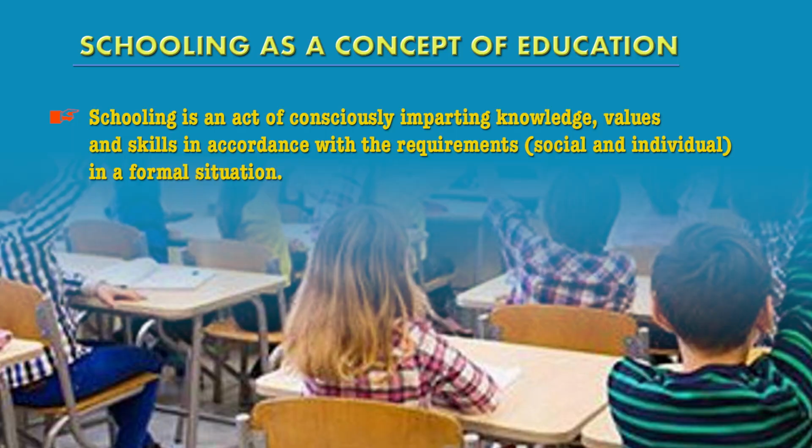So again, the concept of schooling also talks about the social aim of education and at the same time the individual aim of education. The process of schooling fulfills both types of aim of education, social as well as individual development of the human child.